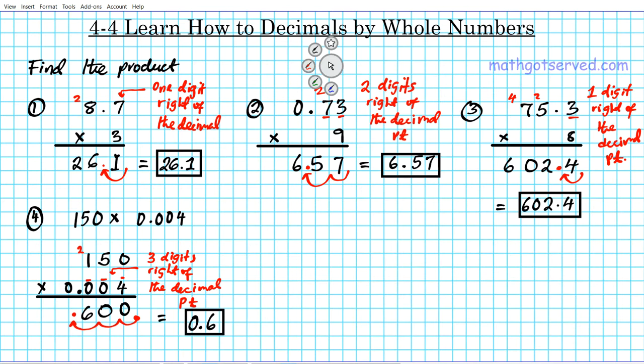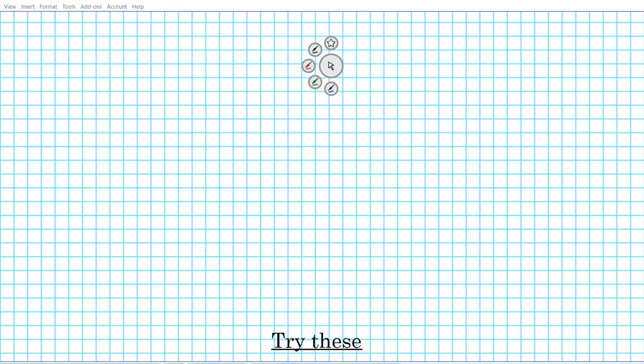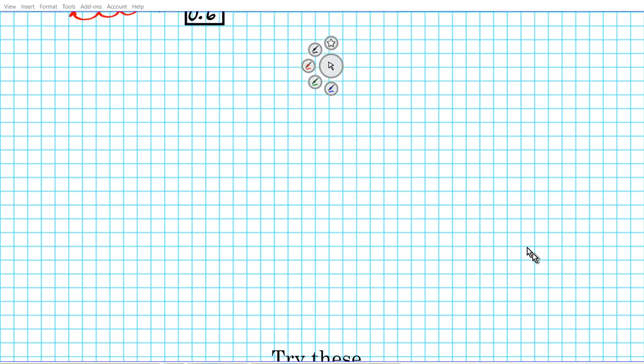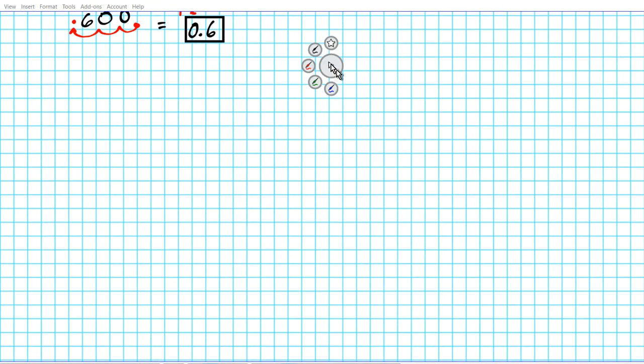All right, let's take a look at one more example and then we'll give you some practice problems to try out. Okay, so for question number 5, we're going to be looking at a word problem, a story problem involving calling cards. So consider the following situation, number 5.